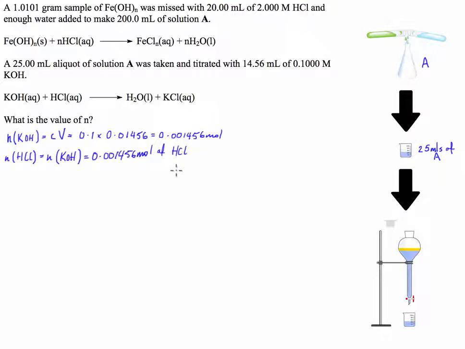So that's the amount of hydrochloric acid that's going to be remaining after it reacts with the iron hydroxide up here. This is how much hydrochloric acid is in 25 mLs. So what we're going to do now is work out how much we have in 200 mLs.